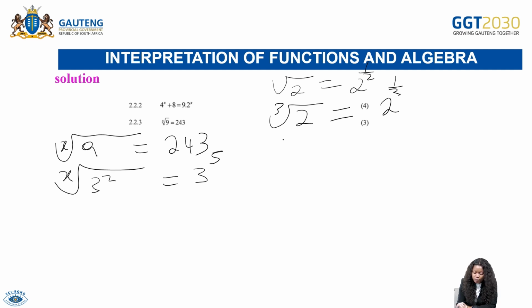If you've got a fourth root of 2, you can remove it by saying 2 to the exponent 1 over 4. If it's a fifth root, 2 to the exponent 1 over 5. If it's a sixth root, the exponent 1 all over 6. If it's a seventh root, the exponent 1 all over 7. You get the idea, no?